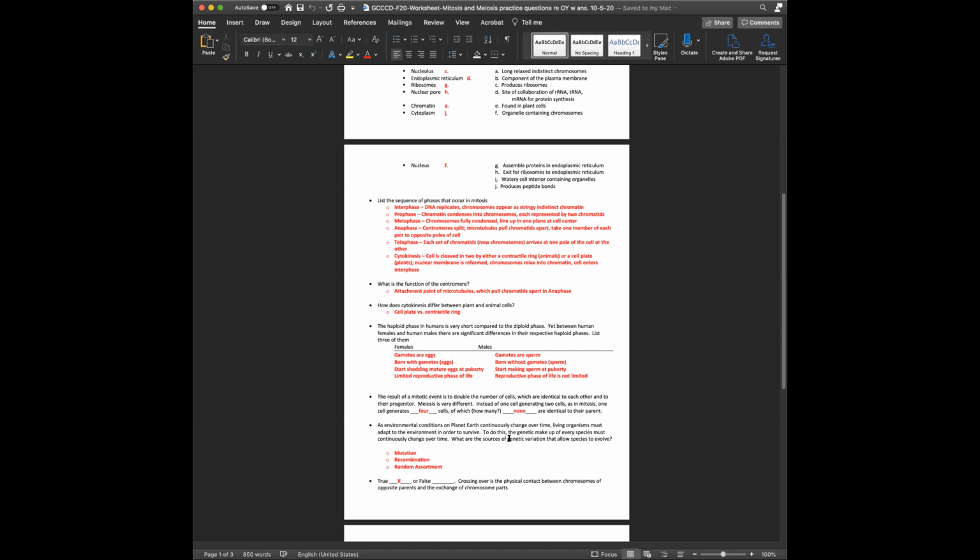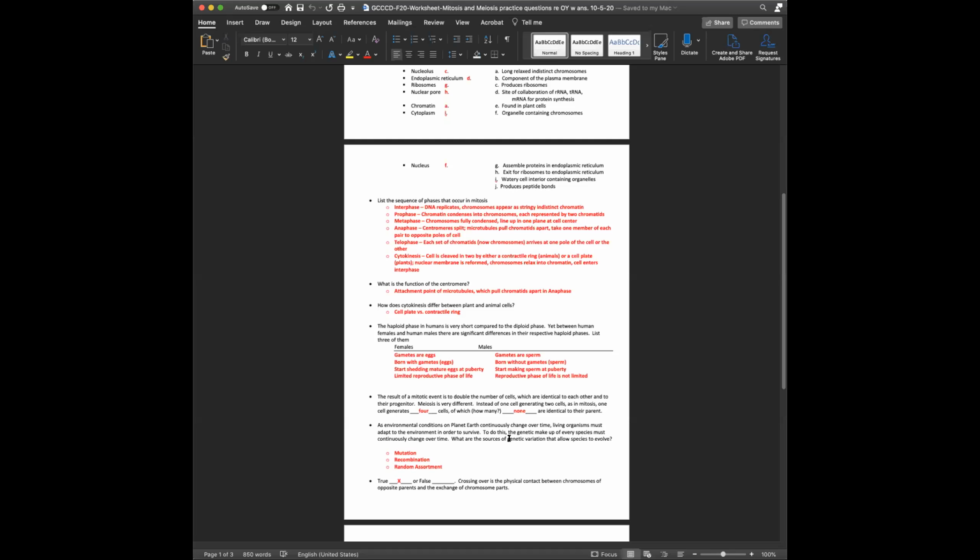Okay, here is another important point, the next one on the list. Environmental conditions on the Earth are continuously changing over time, especially over geologic time, long spans. Living organisms must adapt as the environment changes if they're going to survive. Now, to do this, the genetic makeup of every species must continuously change over periods of time.